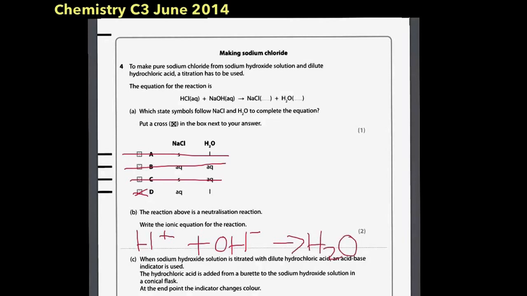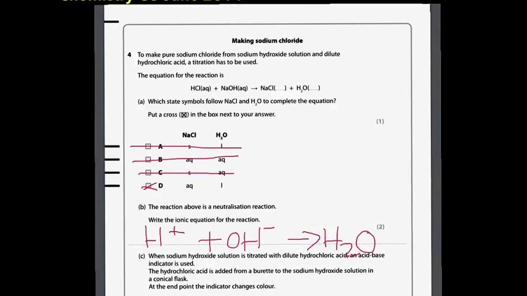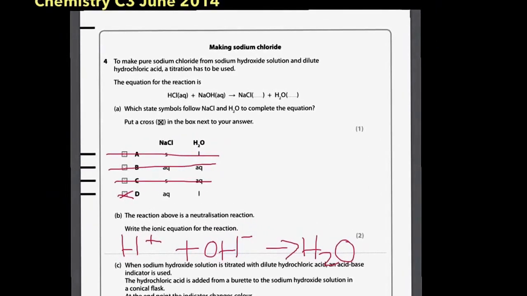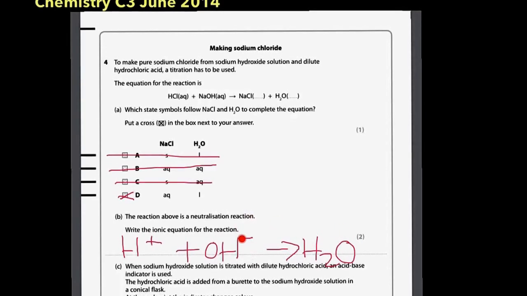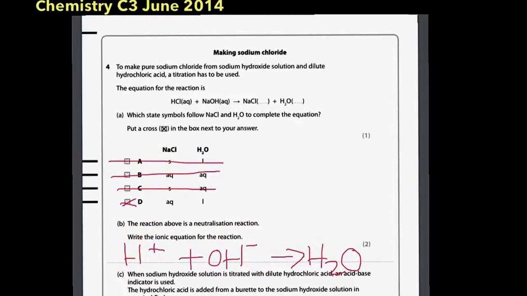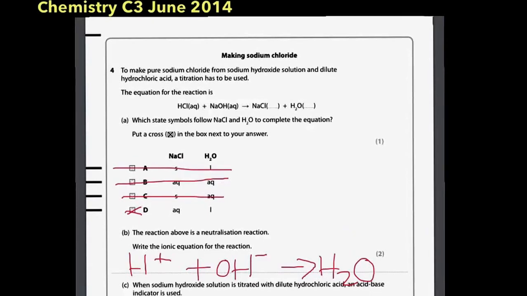Acid plus base equals the metal salt and the water. Here we have negative and here we have positive, which makes the whole reaction.